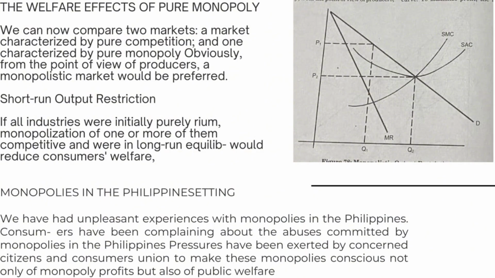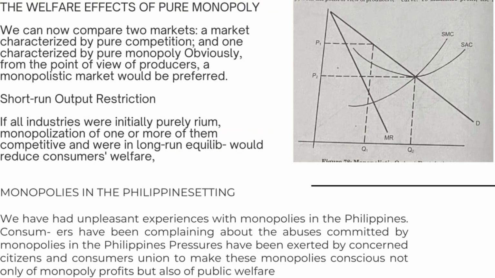Both producer and consumer enjoy maximum welfare as resources are allocated efficiently. Pure monopoly: a monopolist restricts output and raises prices to maximize profit, creating a deadweight loss, a loss of total societal welfare. Consumers pay more and get less, while producers gain higher profit at the expense of consumers.